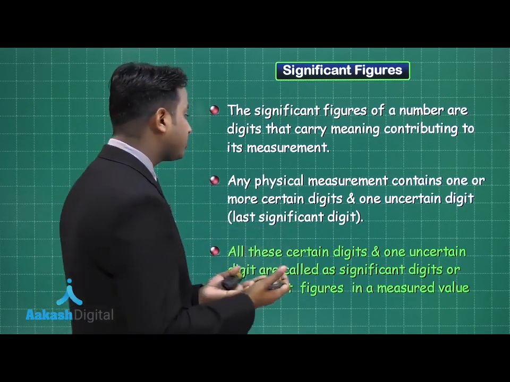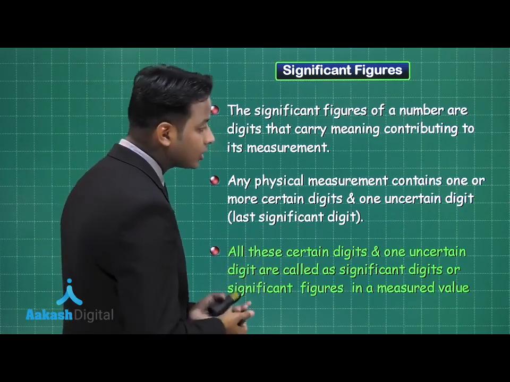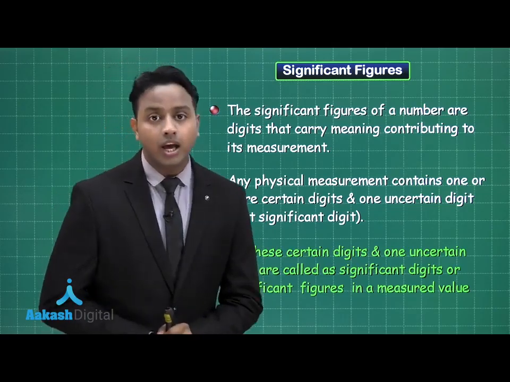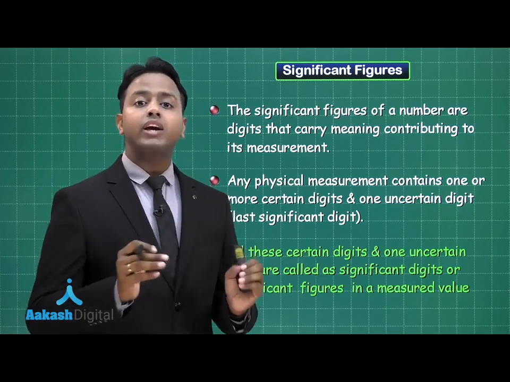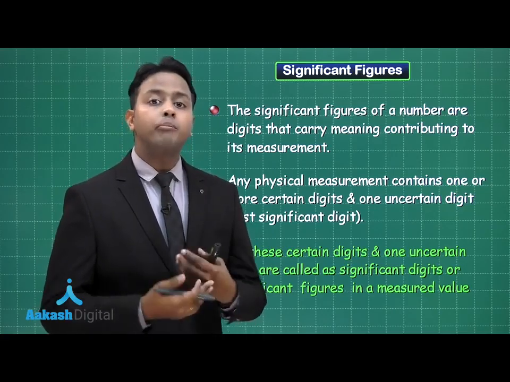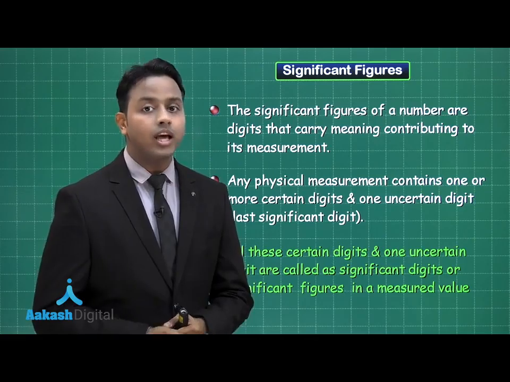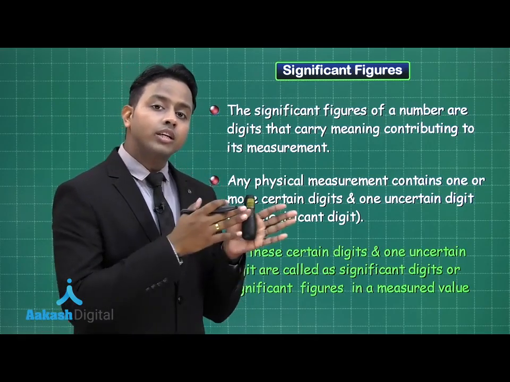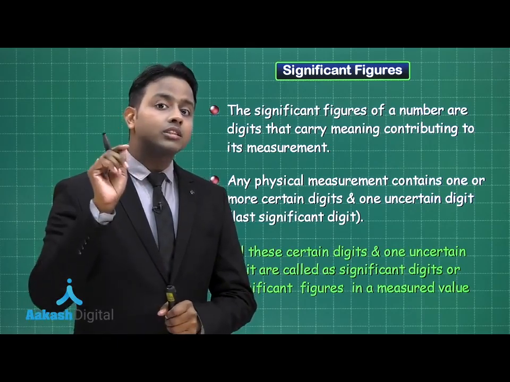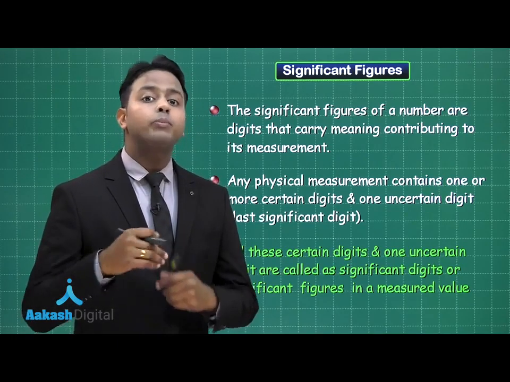So what happens basically, any physical measurement contains one or more certain digits and one uncertain digit, the last significant digit. I am assuming that you are a very disciplined experimentalist. So whenever you are making a measurement or taking an observation for a certain physical quantity, I am considering that you are taking all the values to be very accurate, but the last digit that you are noting down as a measurement would be uncertain.